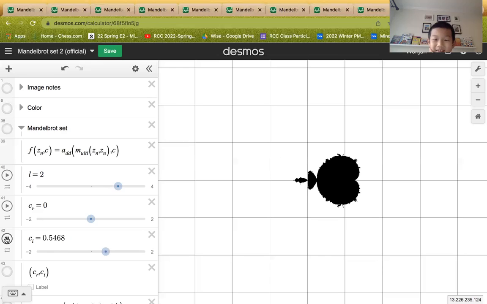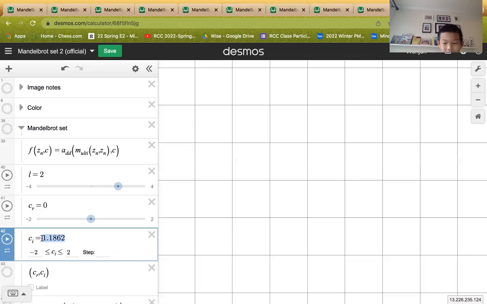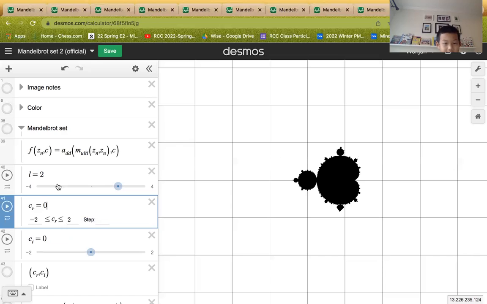Once again, it looks like a Mandelbrot forming and destructing itself. But this time in a different dimension. So let's change the CR this time and see what happens.